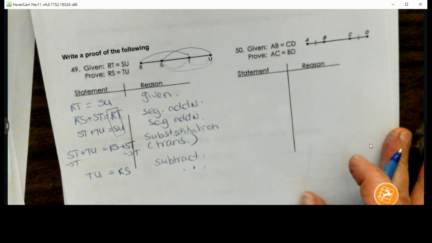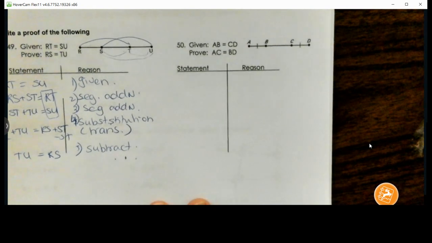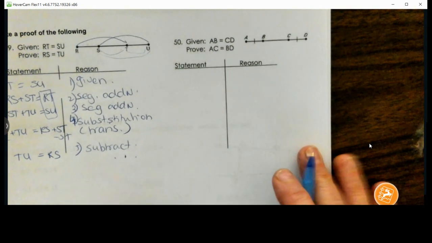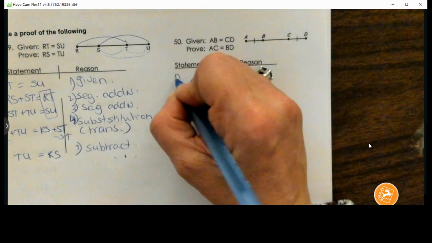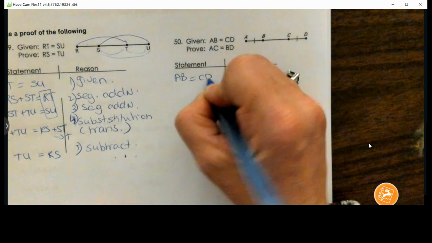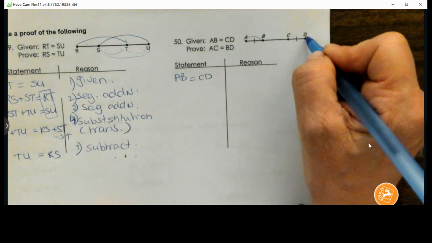Let's do the next proof. It is very similar. We did this in 5 steps. Okay, let's do this proof. AB is equal to CD.